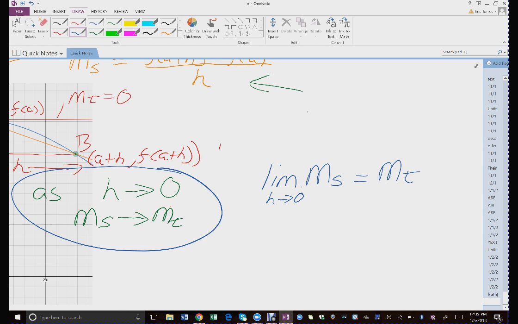Again, it says the same thing. When I say the limit of the secant line is the tangent line, what I'm really translating is the slope of the secant line is becoming closer and closer and infinitely closer to the slope of the tangent line as long as the distance h between my 2 points gets smaller and smaller.